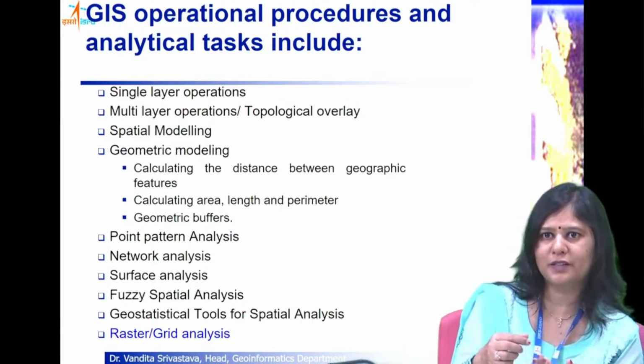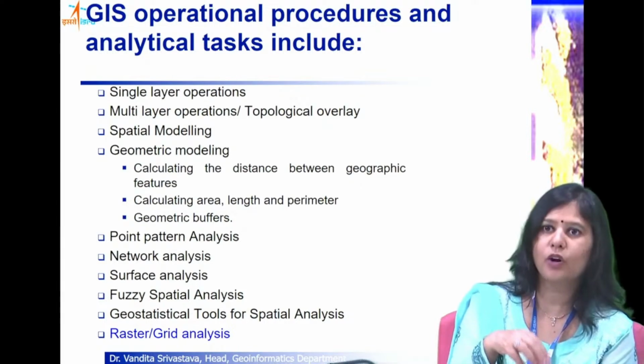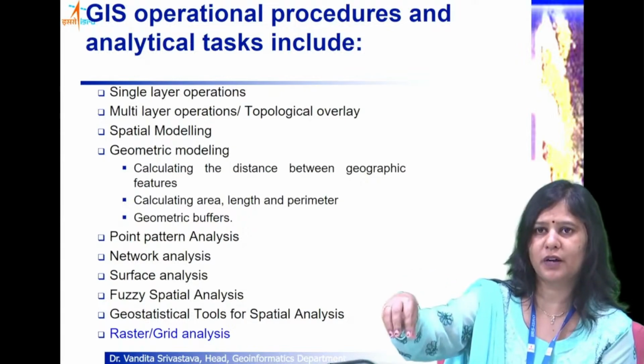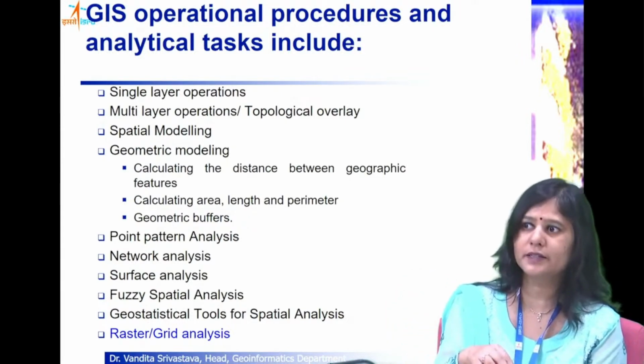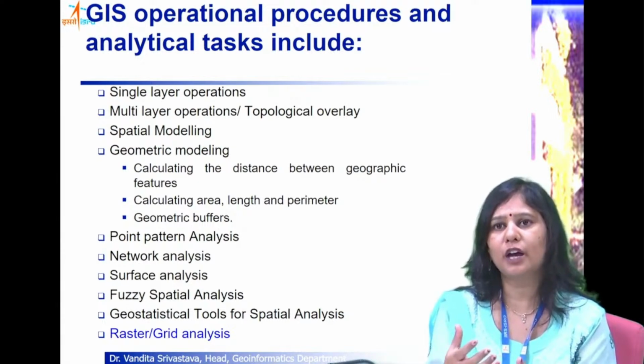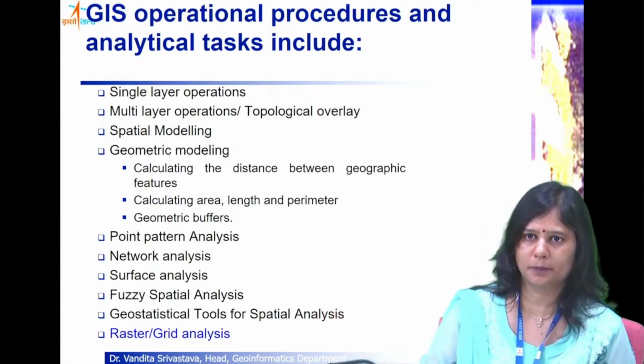For example, if I have some ore reserve here, let's say a gold reserve, then if I observe this point and a point that is farther away, the point that is closer is more likely to have a similar value than a point that is farther apart.